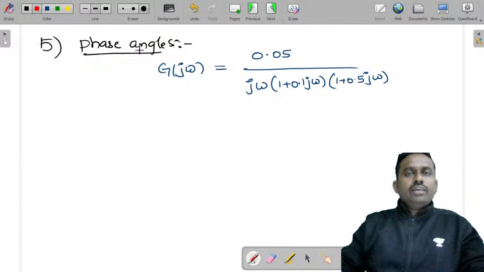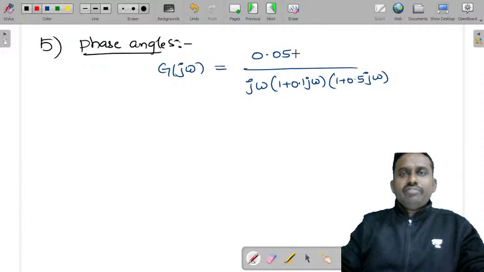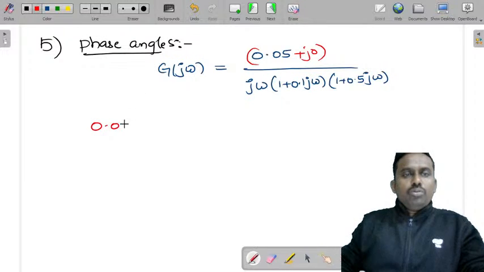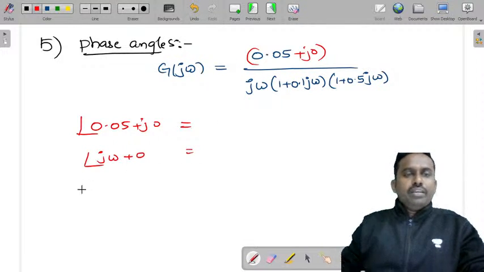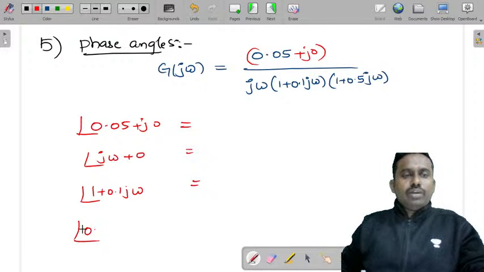Now here I would like to write for each and every term. Let us call this 0.05 plus j0. Find the angle of this. Next, angle of j omega plus 0, the second term. Next, angle of 1 plus 0.1 j omega. Find the angle. Angle of 1 plus 0.5 j omega.